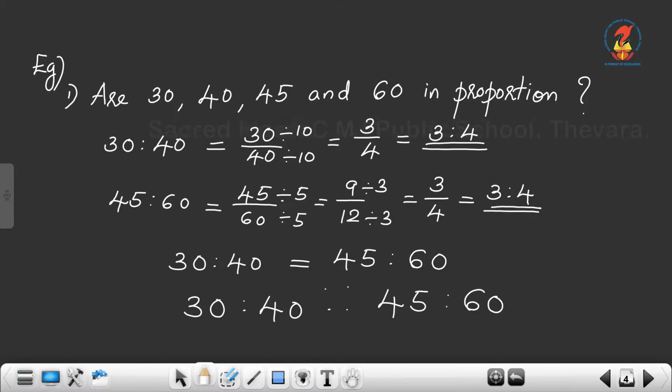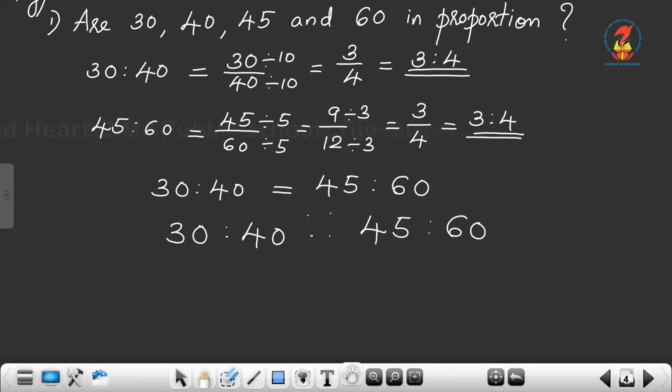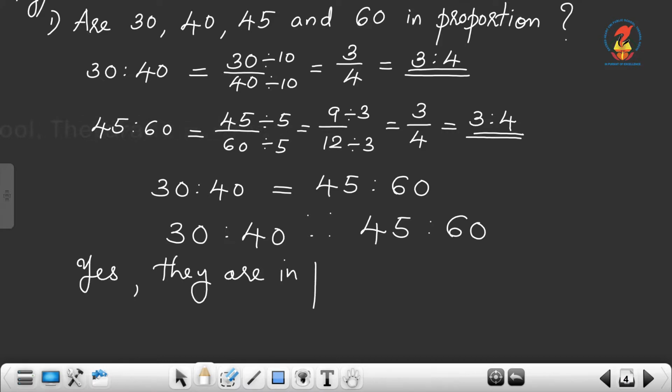What is our question? Are 30, 40, 45 and 60 in proportion? Yes, they are in proportion.